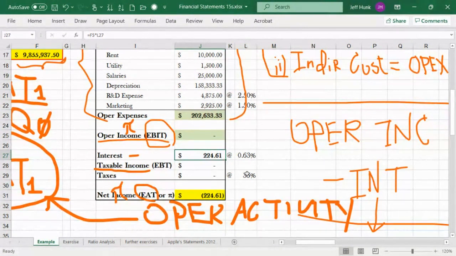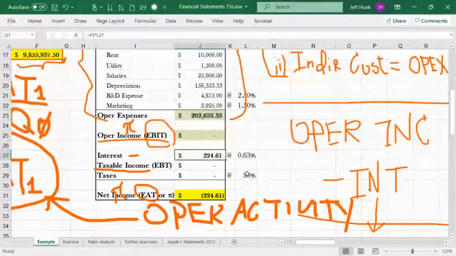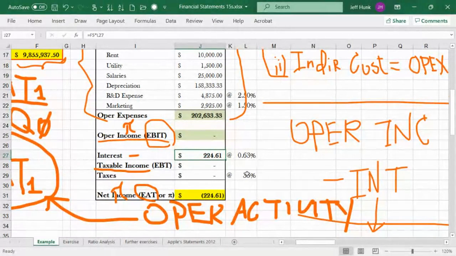So we were able to build our plant. Because $5 million came from debt, a loan from the bank, we have interest. It's an obligation. We have to pay interest. So that will be the interest, right?